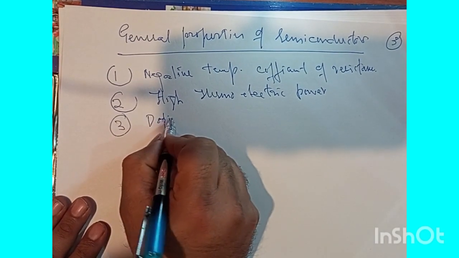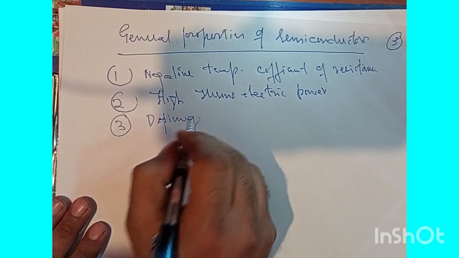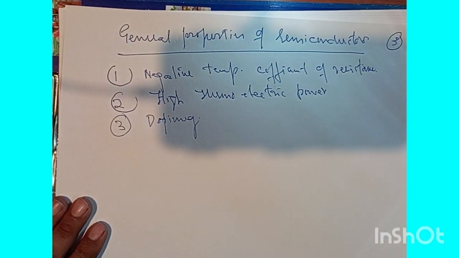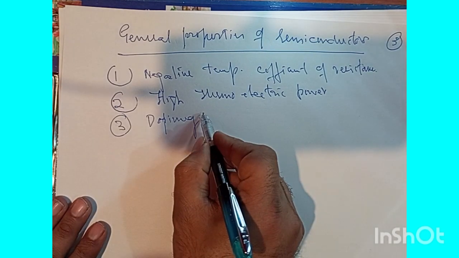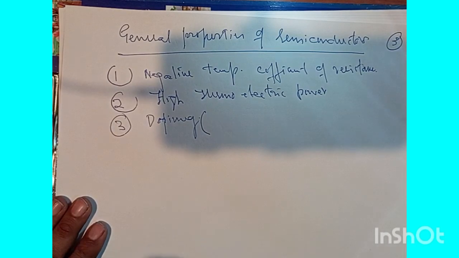So you are changing the character of the semiconductor. Wherever your interests are, you add some impurity in the semiconductor, and it gives you the result in accordance with the doping. So, what is doping? Doping is the addition of small amounts of impurity to the semiconductor.